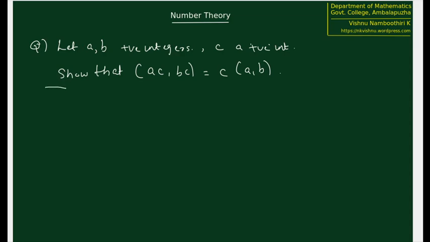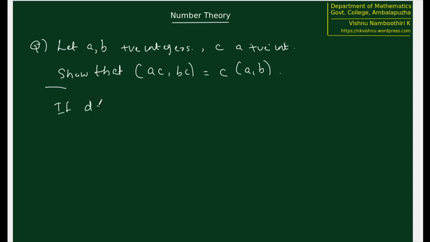According to the proof that we have seen for showing that d, the GCD of a and b, is a linear combination of the form ax plus by, we constructed a set consisting of all am plus bn, with m and n varying throughout the integers, and then we took the positive integers from that set, and derived d to be the least positive integer in that set. So we are taking a clue from that particular proof.